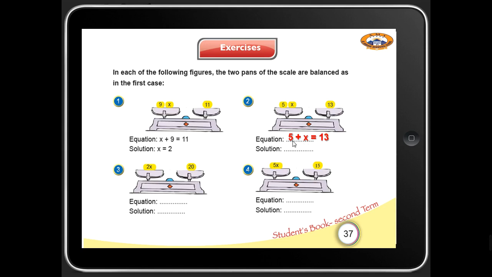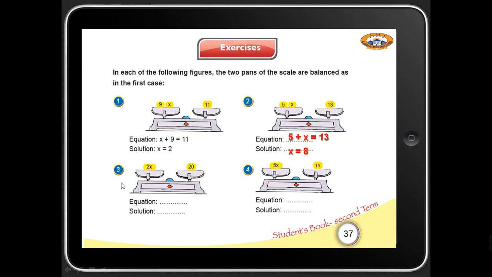So what number if I add it to 5? This means count from 5 up to 13. So x here is going to equal 8. After 5: 6, 7, 8, 9, 10, 11, 12, 13, that would be 8. So x equals 8.